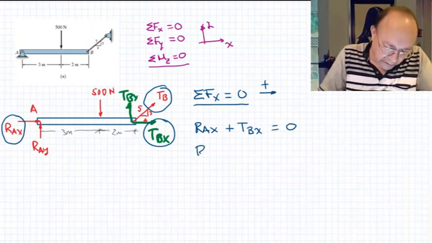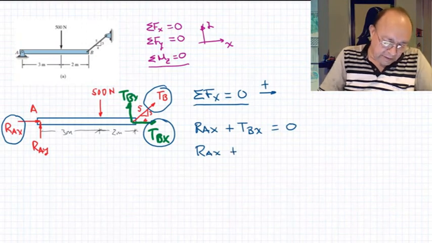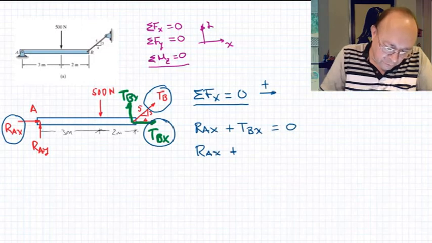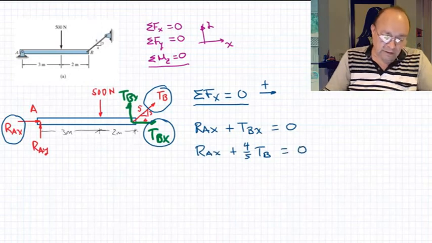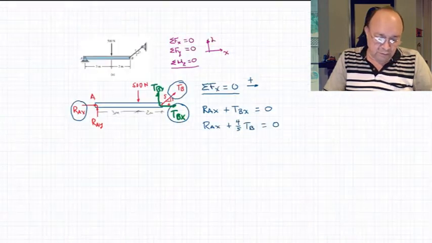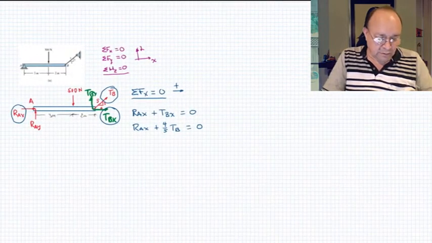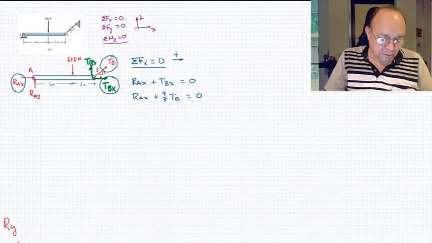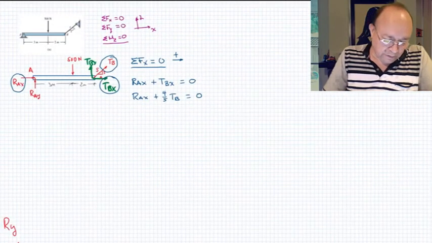So we have here RAX plus TBX, which is TB cosine of that angle, so 4 over 5 TB, and this will be equal to 0. That's our first equation of equilibrium.